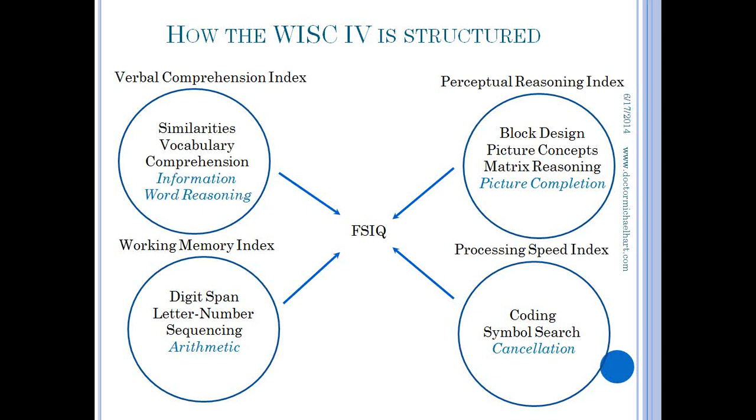Within those circles, the 3 subtests in the upper left, similarities, vocabulary, and comprehension, are the 3 subtests we've talked about before, the standard scores of which get combined to provide what they call a verbal comprehension index score.